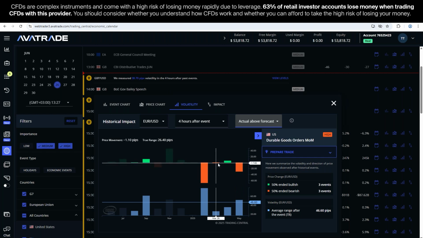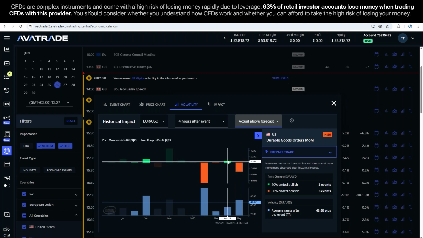The downward movement was as large as 64 pips, 65 pips. The biggest upward movement was 9 pips, okay? And these two went down much, much further than 9 pips. So there's a trend that there's more momentum with the USD strengthening when the durable goods orders come in above forecast.